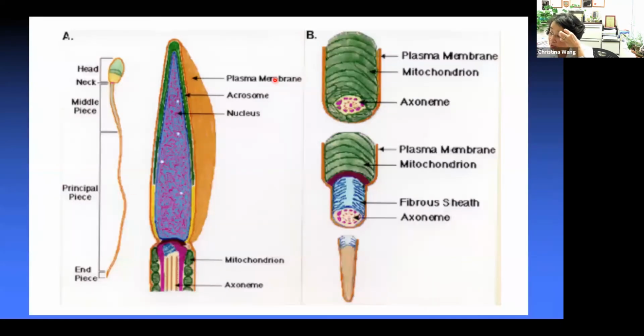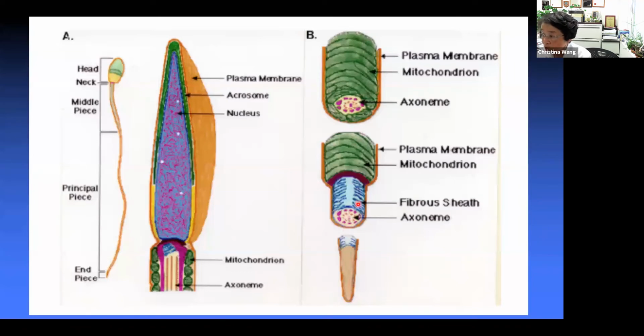Okay, so this is another picture of the sperm, showing the sperm head that's covered by a plasma membrane, and then the acrosome cap here, the nucleus with the DNA, and the mitochondria surrounding the inside of the beginning of the tail, which is called the axoneme. Inside the axoneme, there are 9 tiny arms.